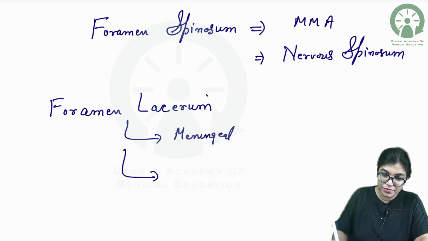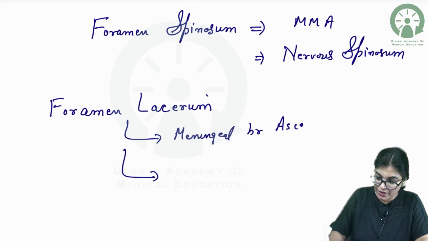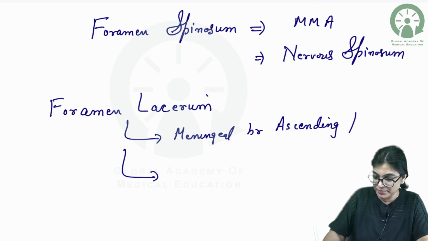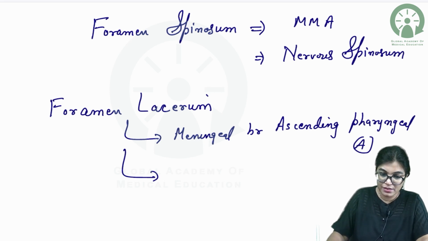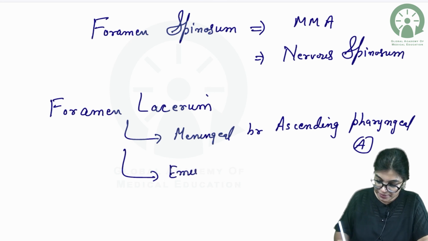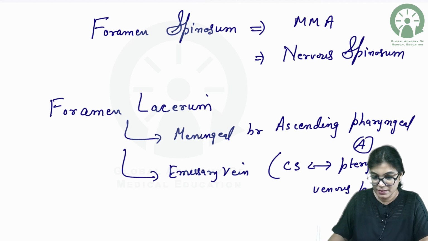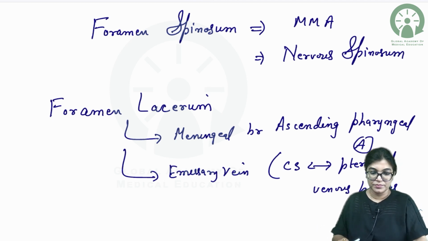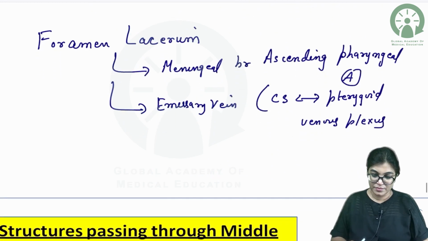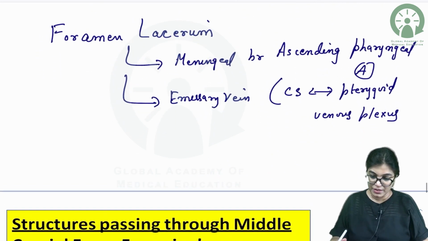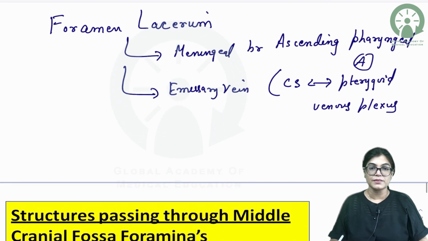Meningeal branch of ascending pharyngeal artery, and an emissary vein, which is connecting the cavernous sinus to the pterygoid venous plexus.